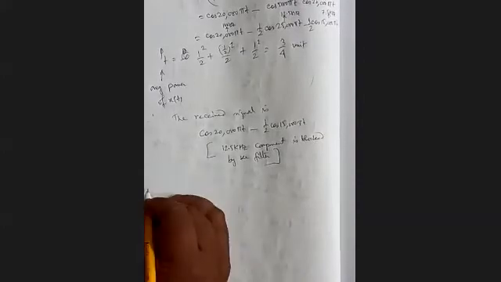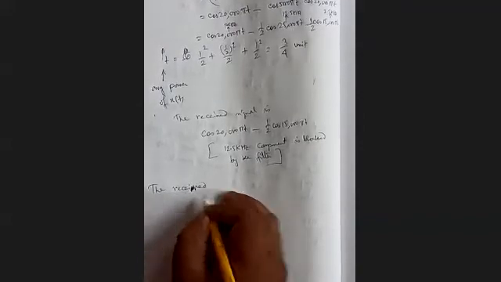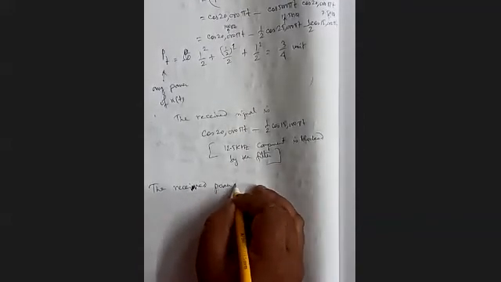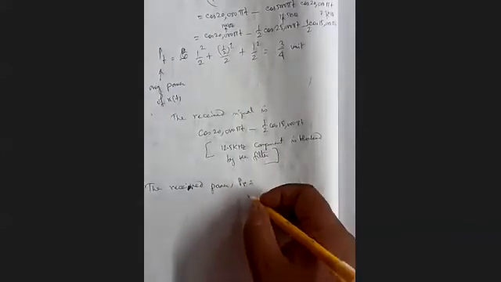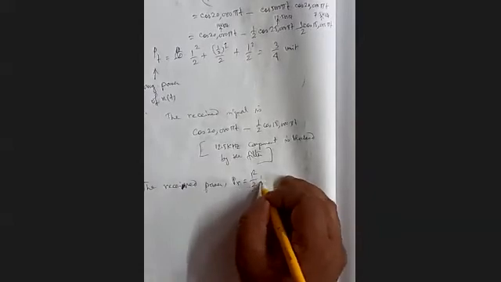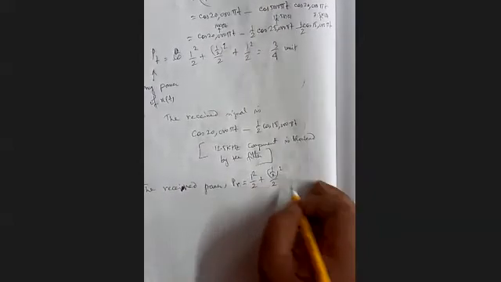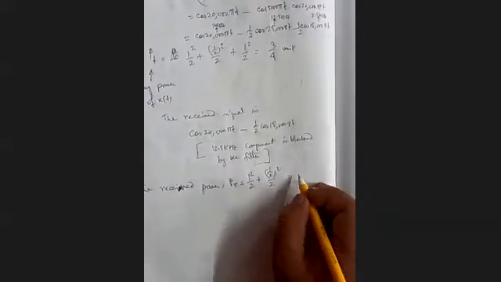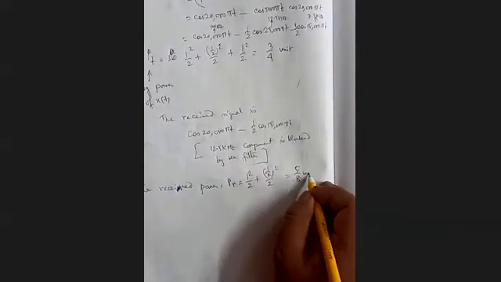So what is the received power? It is 1 square by 2 plus half square by 2. After simplification, it is 5 by 8 unit.